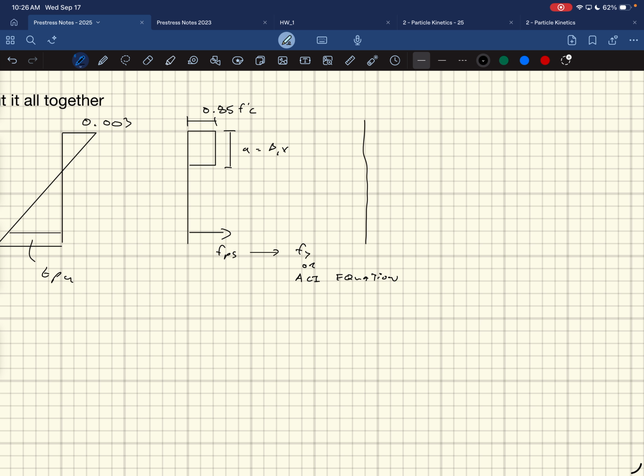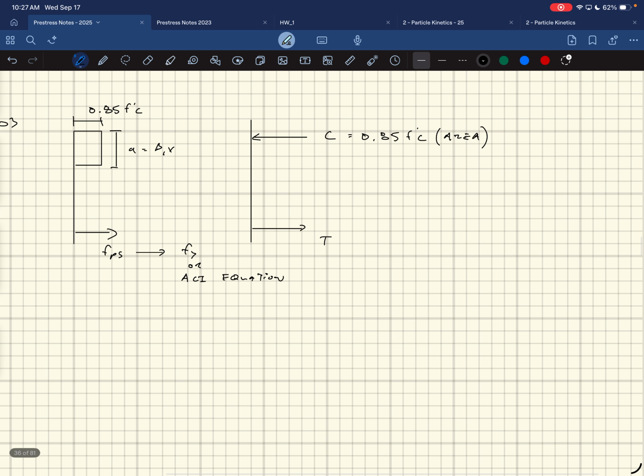Given that, we could calculate what this is, my C, and then my tension down here. My C is going to be 0.85 F prime C times the area, and this area is going to have A, the neutral axis, in it.